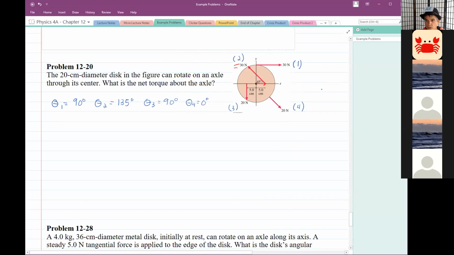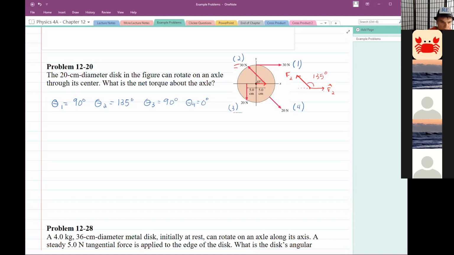So for force 2, my R2 vector would point to the right. My F is always pointing in the direction it's pointing. So here's my F2. So if this angle here is 45 degrees, that means this angle is 135 degrees. That's the angle between force 2 and R2. So that's the angle we would use.